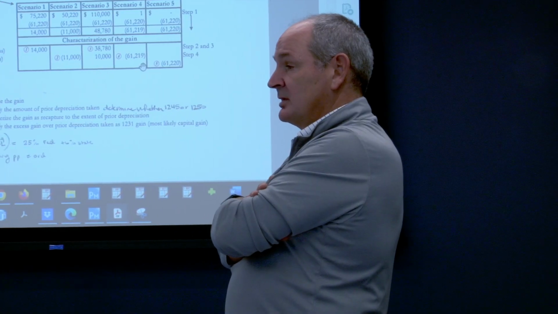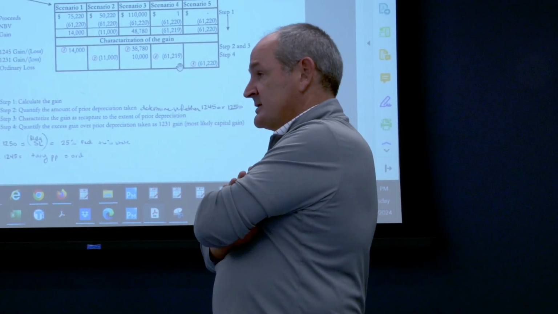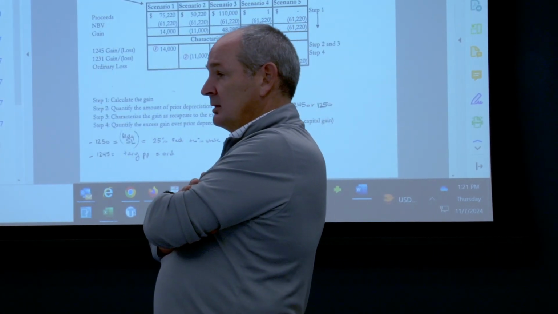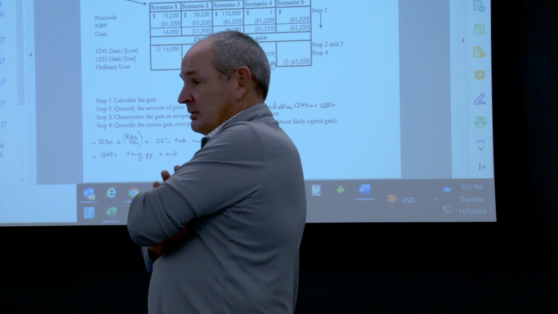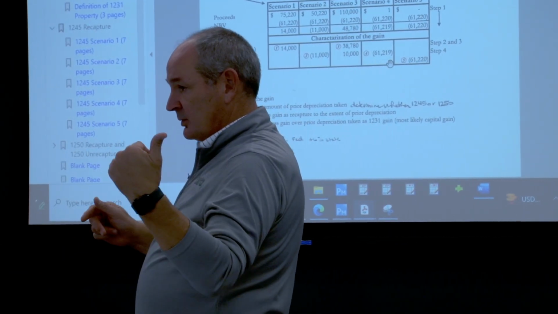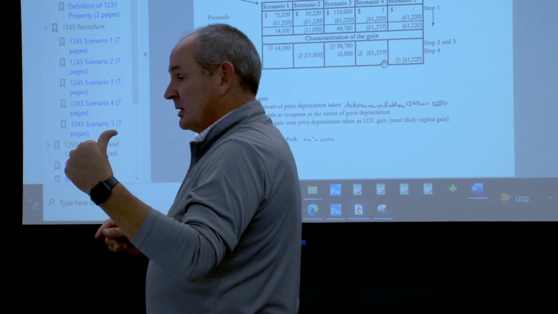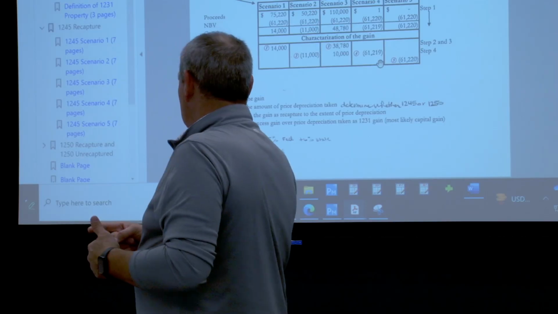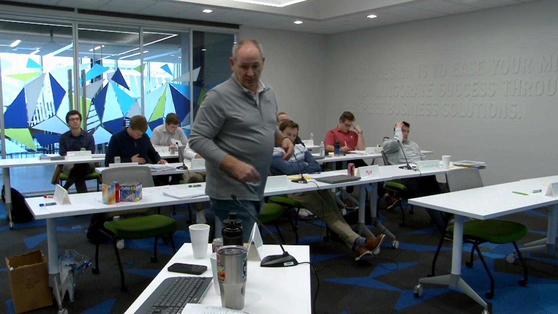Except if we have any unrecaptured 1250, right, Allie? So here's the interesting thing. I said earlier the only way you're going to get to 1231 gain to do the netting that Allie has to determine whether we have any unrecaptured 1231 losses from the previous year is we got to have the full depreciation recapture. So the depreciation was 38,780.